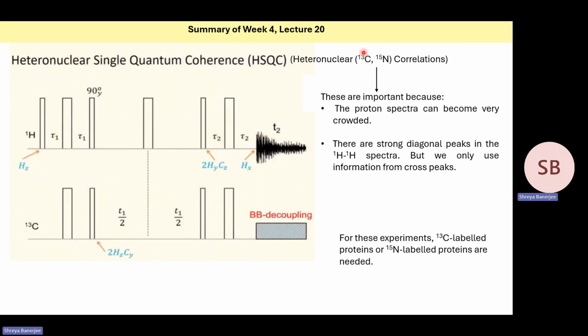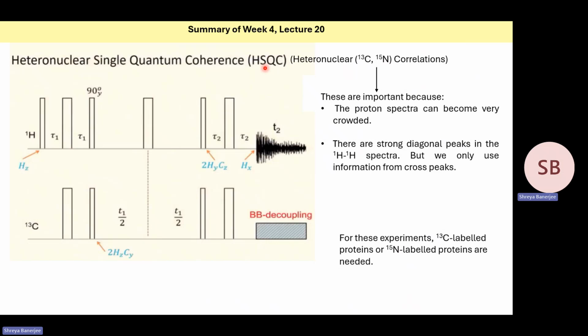So in order to do these HSQC experiments, we need to label the proteins with the 13C or the 15N so that we can get high enough intensity of the peaks for the experiment. So we will go into the details later, but this is the very basics of the HSQC. So this basically covers all the points of week 3.